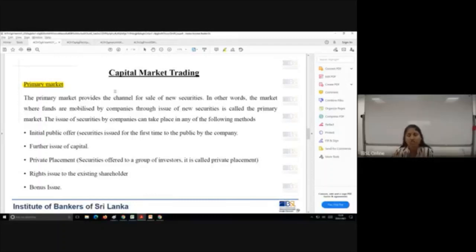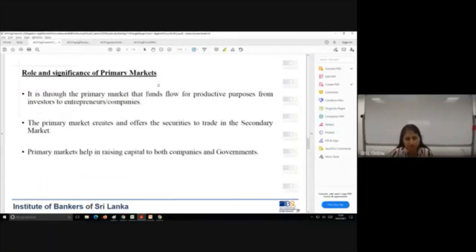You are going to just issue shares. How can a company do that? If the company has a lot of reserves or a lot of cash which they want to convert to equity. So for them to capitalize, they will issue a bonus issue. So these are the ways in which they could do an issue of securities in a primary market.